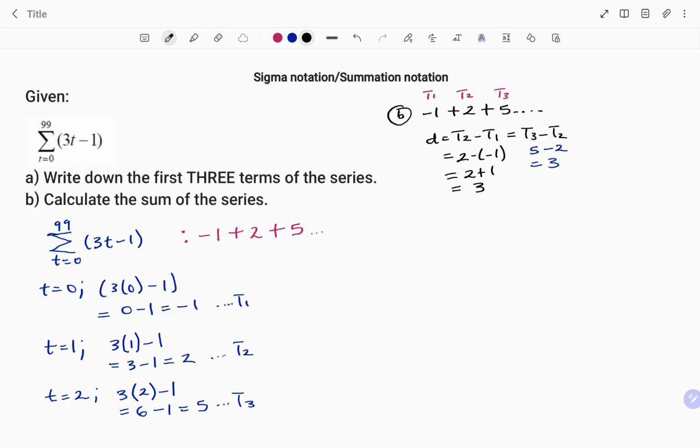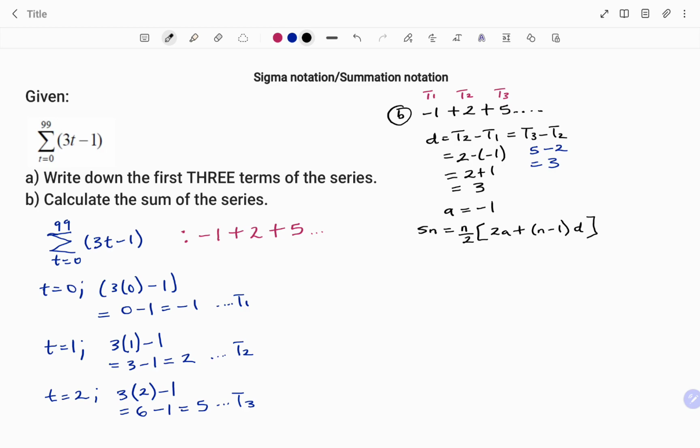The first term, as shown, which is a, equals to minus 1. Therefore, the sum of an arithmetic series, Sn, is equal to n over 2, multiplied by bracket 2a, that's the first term, plus (n minus 1) multiplied by the common difference, close bracket.